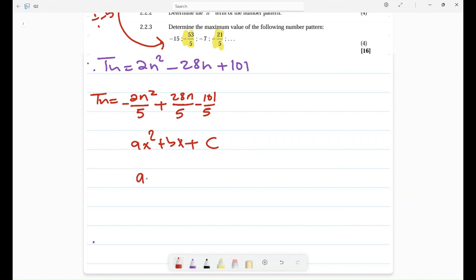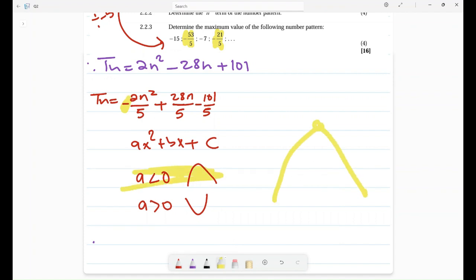But you know, if a is less than 0, it's going to be a sad face. If a is greater than 0, it's going to be a happy face. In this case, the value of a is negative. So it's going to be this shape, and this shape has a maximum value. This is max. But if it was a happy face, it has a minimum. So how do we find the maximum value?